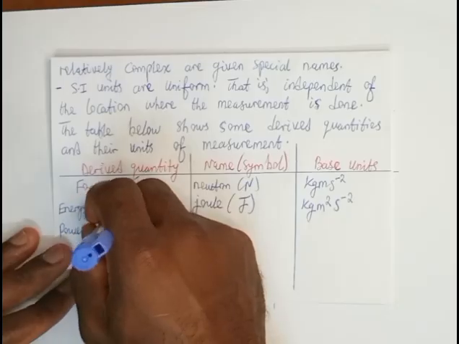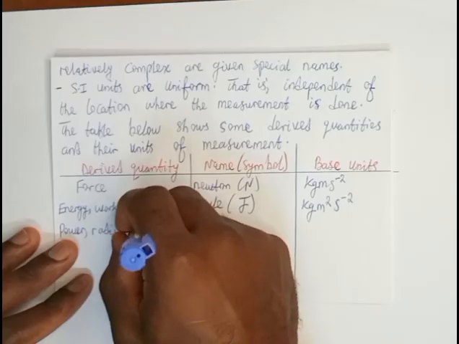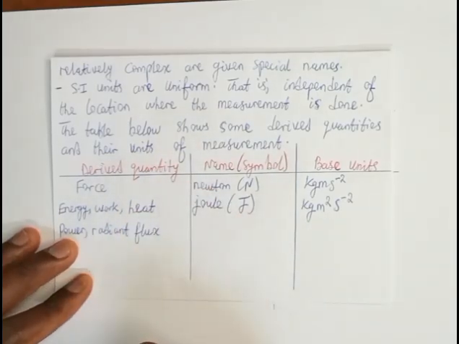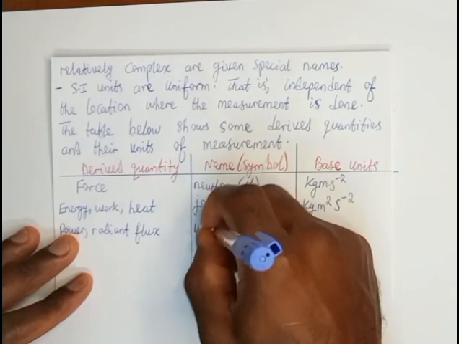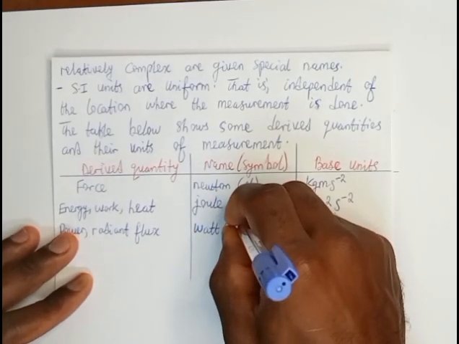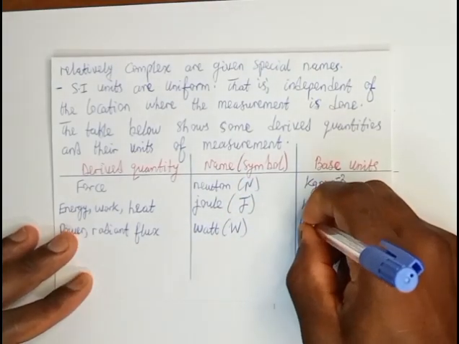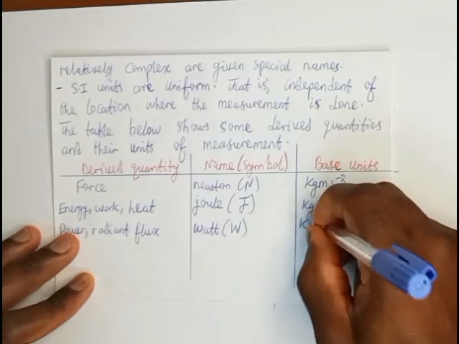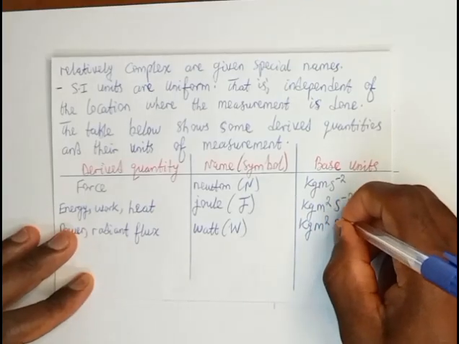The next we have power, radiant flux. They all have the same unit, which is the watt with symbol uppercase W. Base units, we have the kilogram, meter squared per second cube.